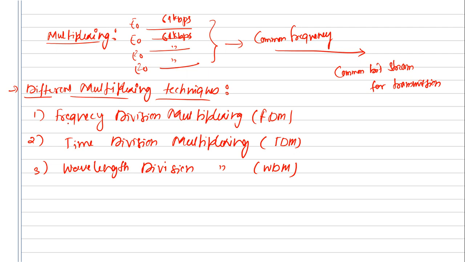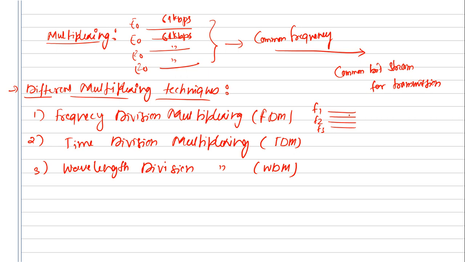In case of frequency division multiplexing, FDM is a process in which the bandwidth is divided in the frequency domain. So all the bandwidth that we have, let's say you have different frequencies, F1, F2, I am representing different frequencies.